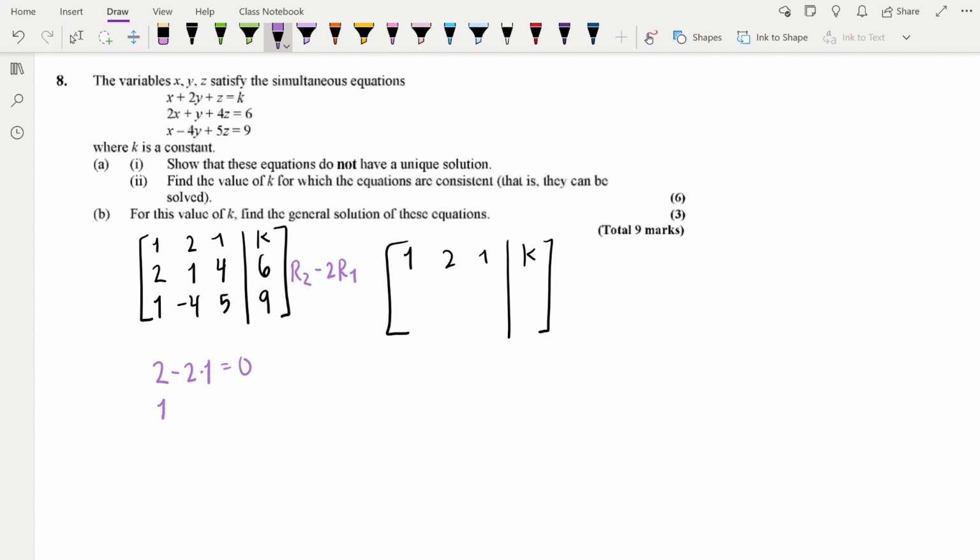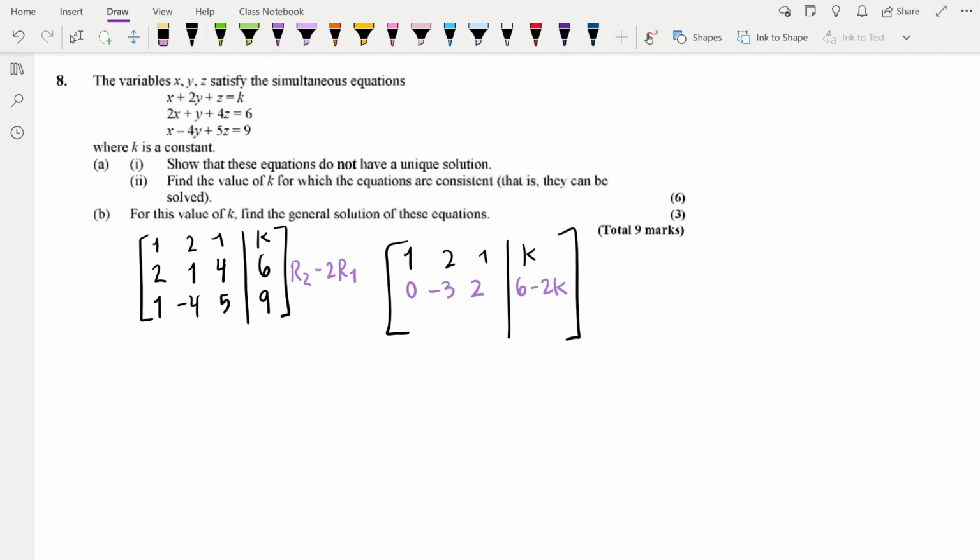Then 1 minus 4 is negative 3. Then that's 2. And then 6 minus 2k, because k is some sort of unknown. So here I have 0, negative 3, 2, 6 minus 2k.